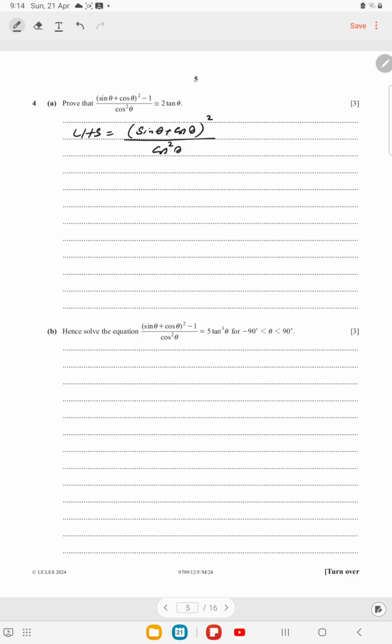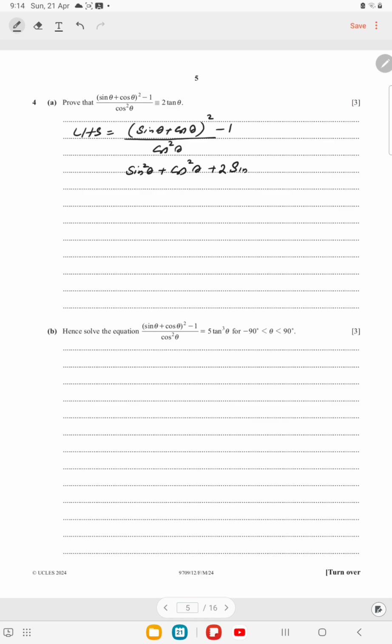So here we have to apply a plus b whole square, that is a square plus b square plus 2ab, and minus 1 is here, and whole divided by cos square theta. We know sine square theta plus cos square theta will be 1, so 1 plus 2 sine theta cos theta minus 1 over cos square theta, and 1 cancels with minus 1.